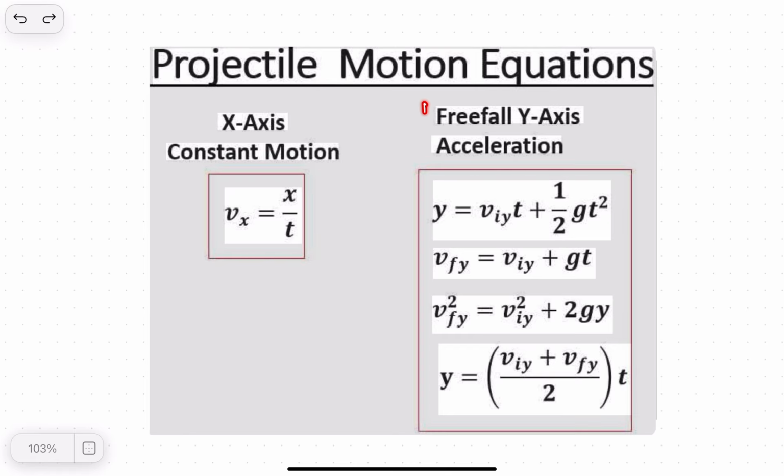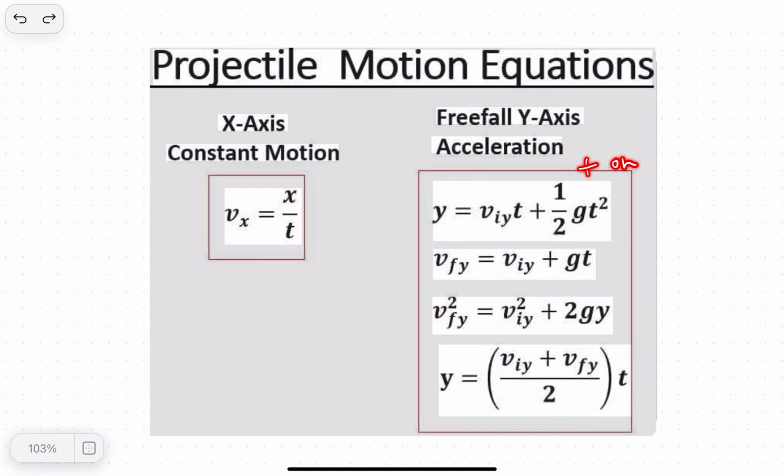When we look at the free fall y-axis, there are many different equations that you can use. One of the most famous and popular ones is this one right here, because this g can be positive or negative.